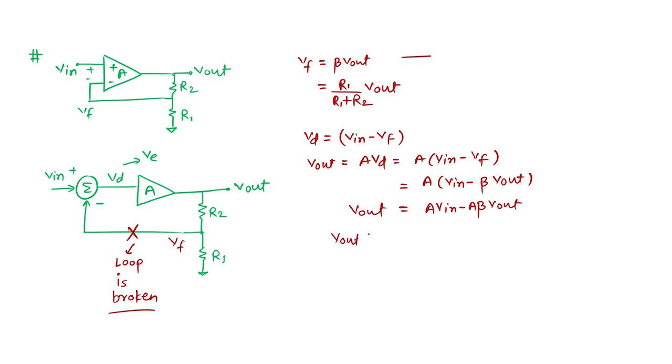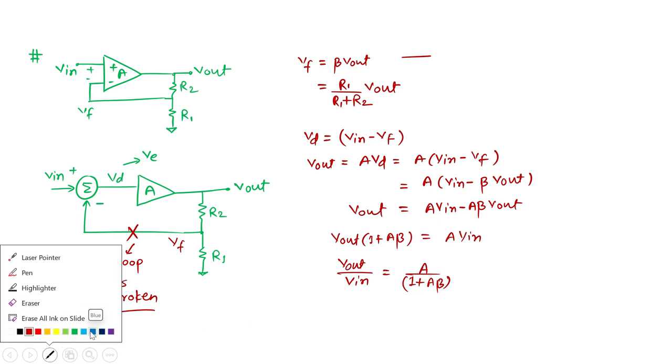Let's separate the V out on one side and V in on the other side. So V out by V in is nothing but A divided by 1 plus A beta. So by complete structure analysis, we have seen that the equation coming is A divided by 1 plus A beta.